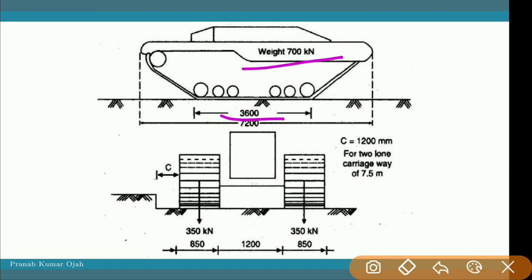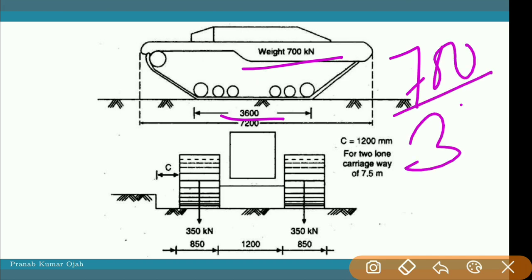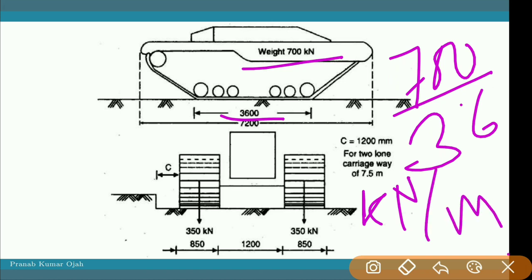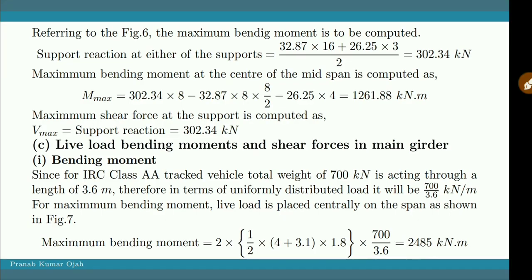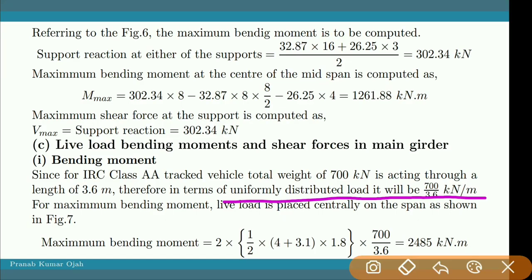So if I convert this load into UDL, it will become 700 divided by 3.6 kilonewton per meter. I have written the UDL as 700 divided by 3.6 kilonewton per meter.